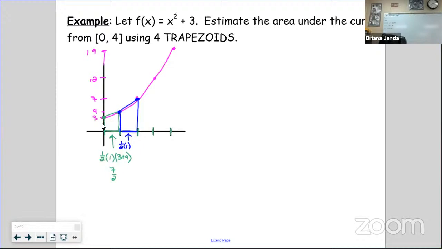Our 2 bases are where it hits my function. f of 1 is 4, and f of 2 is 7. 4 plus 7 is 11, times 1/2 is 11/2. And keep going, height of 1. You can see how it follows my curve a lot closer, right? This is going to be a better approximation than if I was doing rectangles.